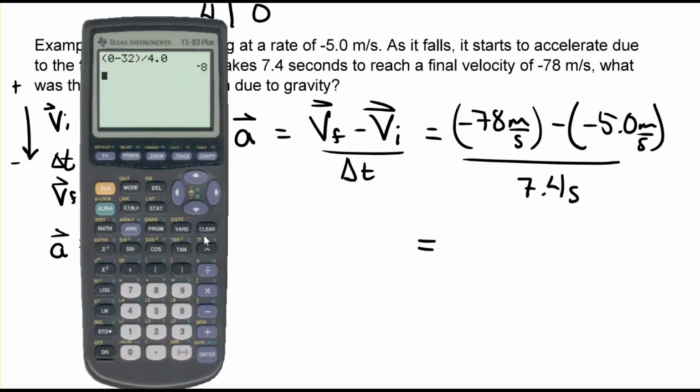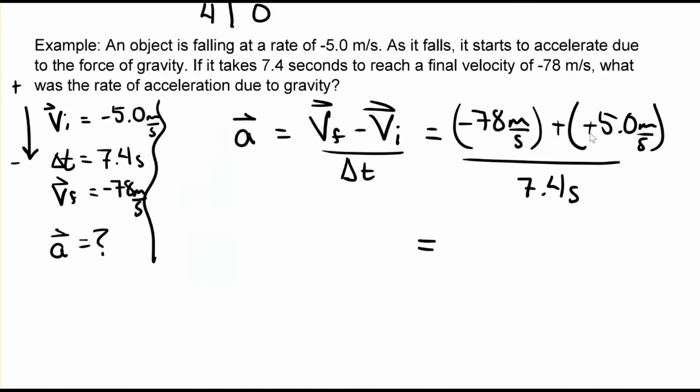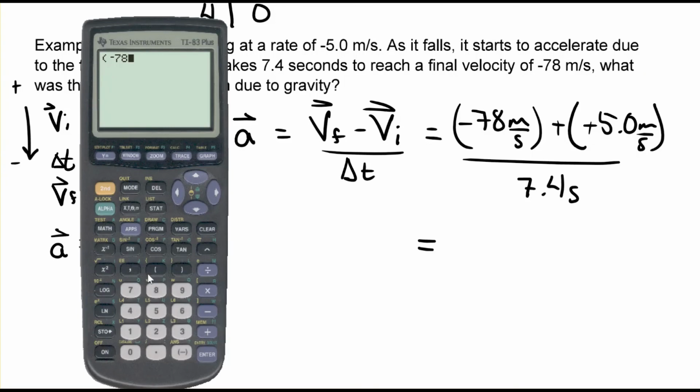Let's take out a calculator. So I'm going to put brackets, right? Two numbers on top. So negative 78. And then minus a negative. When you minus a negative, it's like adding a positive, right? But let's let the calculator do all the heavy lifting, okay?